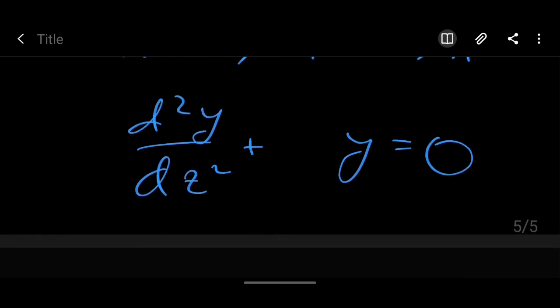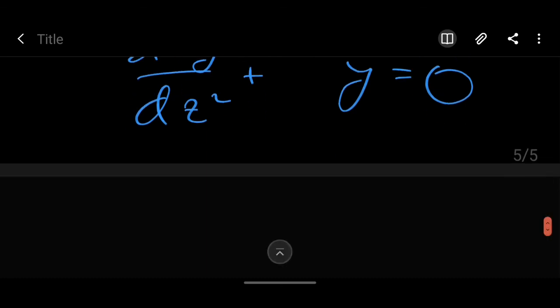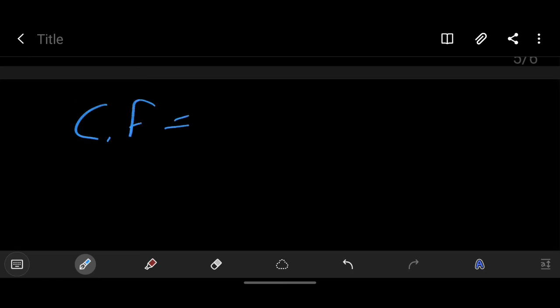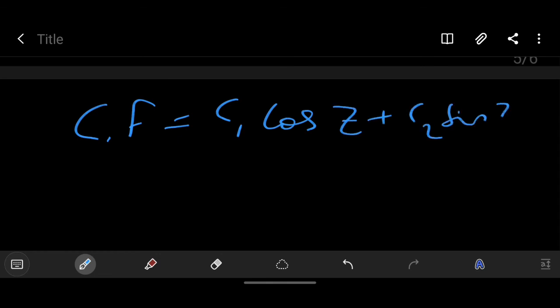There is no right hand side, the right hand side is 0, so we have to find out only the complementary function for our solution. If we find the complementary function, just like before, we get C1 cos z plus C2 sin z, where C1 and C2 are constants.